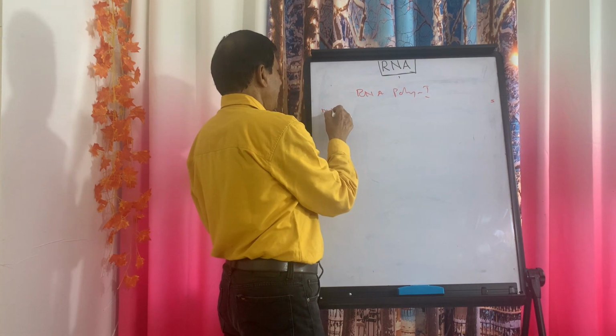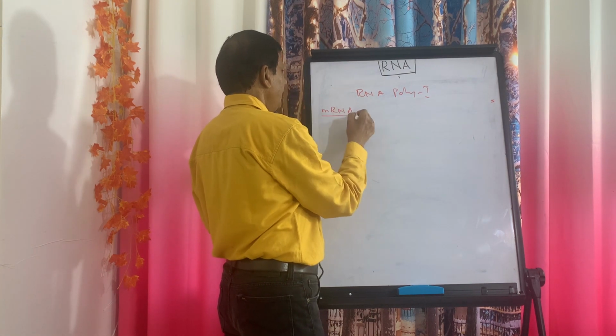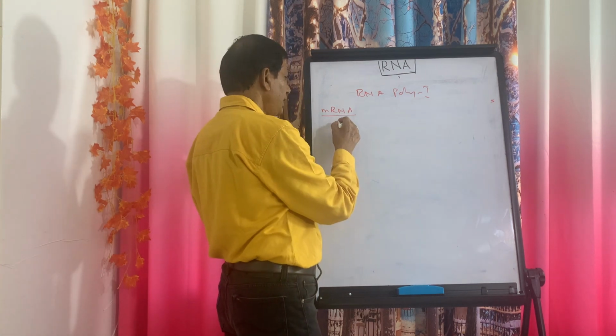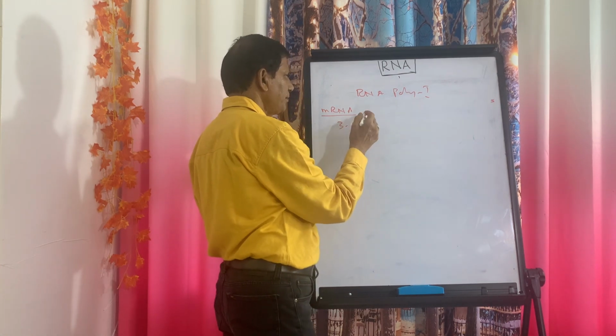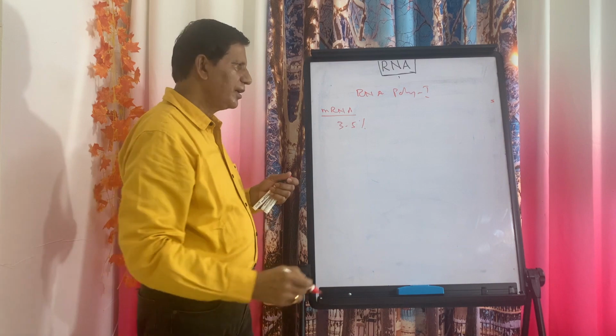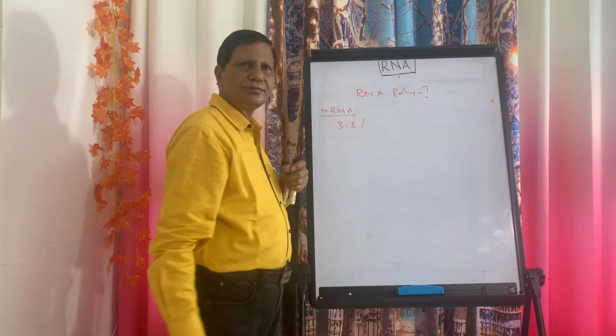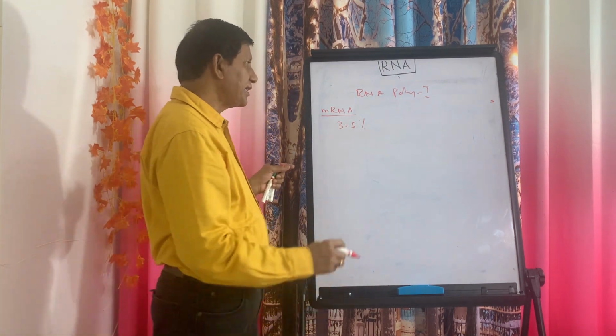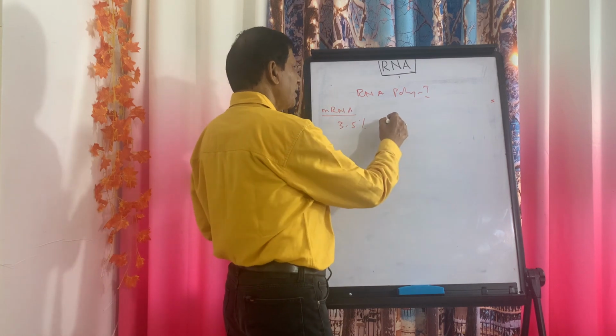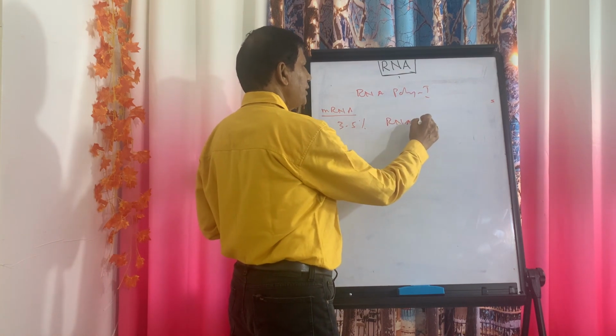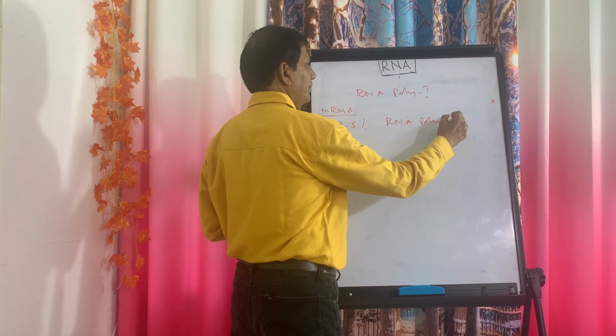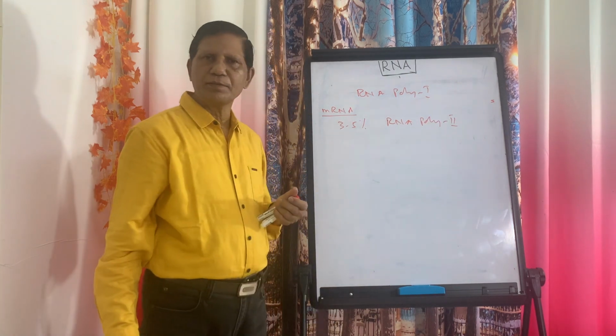Now, mRNA constitutes only about 3 to 5% of the total cellular RNA. It is quite unstable and it is transcribed from the DNA by RNA polymerase 2. Very important from examination point of view.